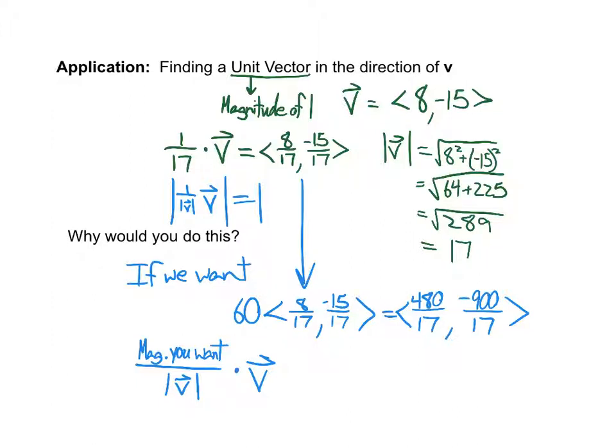Because this vector right here, if I did my magnitude formula, has a magnitude of 60. Okay? And you guys can see, you can make the magnitude equal whatever you want.